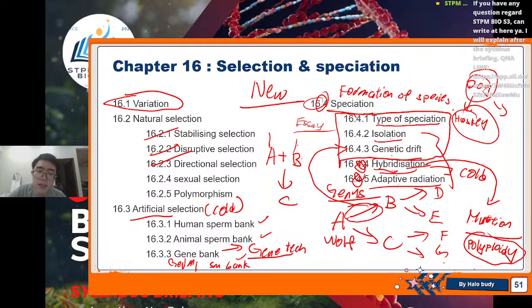A and B species are very totally different. They are not under same species, and then it will give C species, totally new species. Dia tak ada karakteristik dekat A, dia pun tak ada full karakteristik dekat B, dia ada campur one. So is what we call hybridization. So this topic is among polyploidy one.